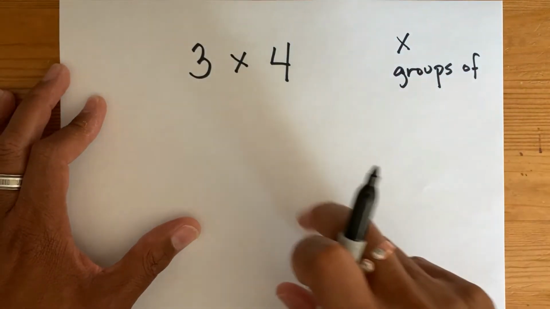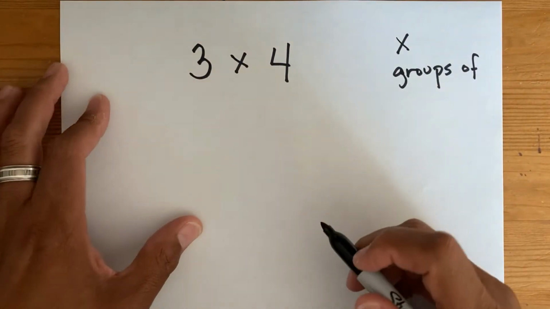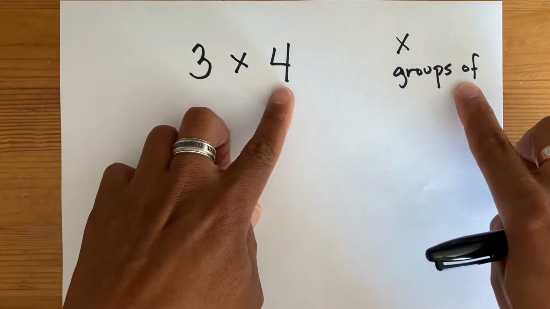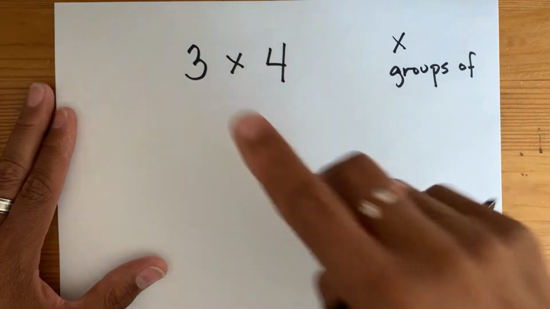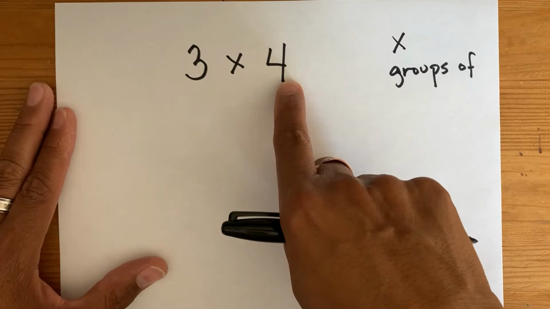So I can read this as 3 times 4, and I can also read it this way, 3 groups of 4. So 3 times 4 means 3 groups of 4.